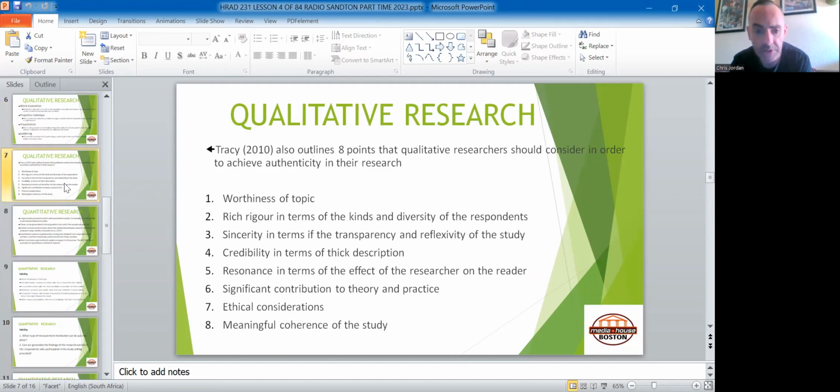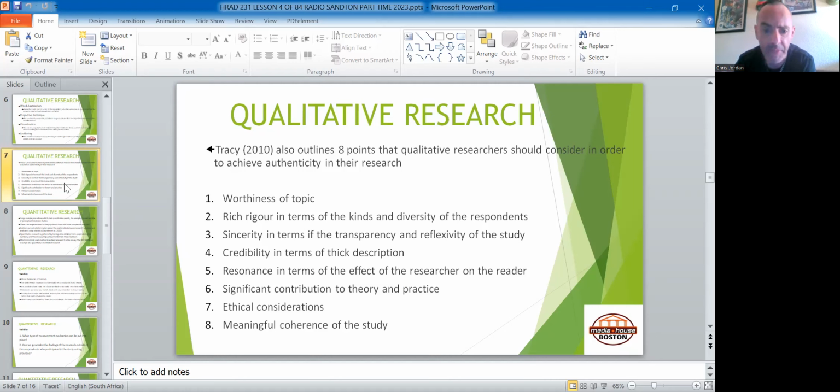Tracy Johnson also outlines 8 points that qualitative researchers should consider in order to achieve authenticity in their research, right? When we take these points, you need to understand that it's through the execution, the way you have constructed the approach, the questioning, the environment, the people you are speaking to, and what comes out of your mouth and in which order.